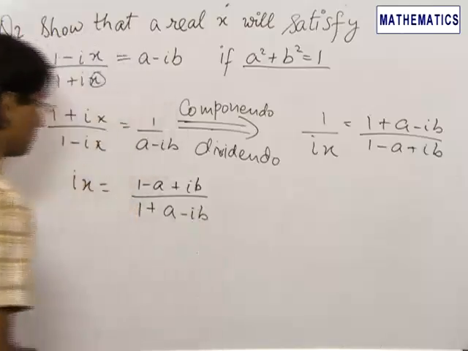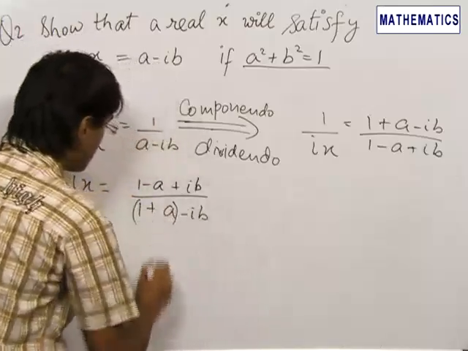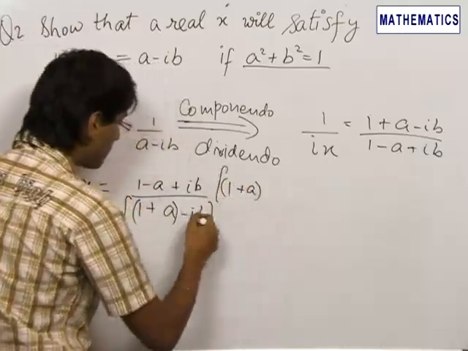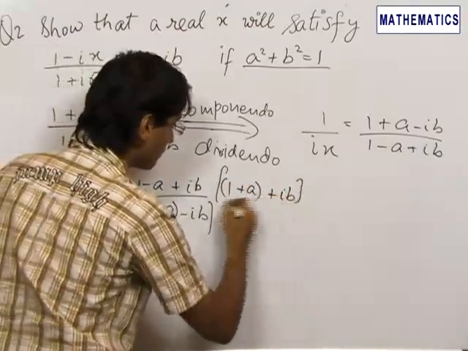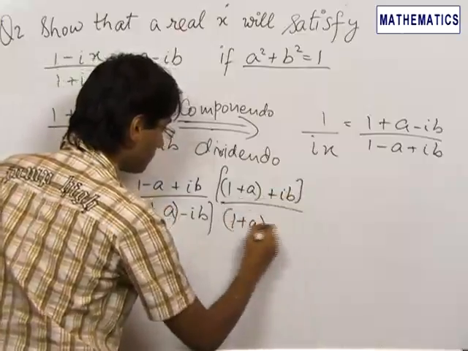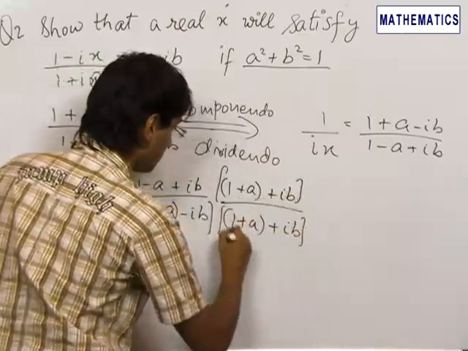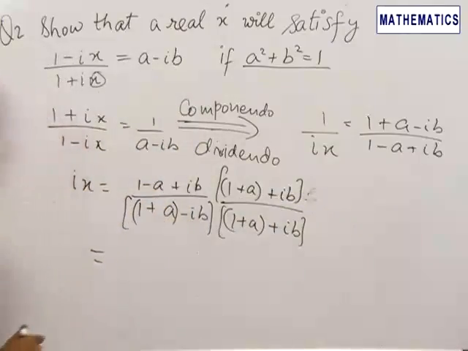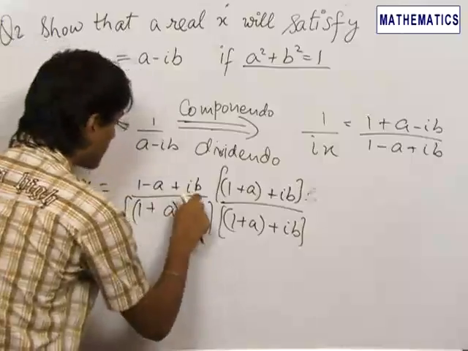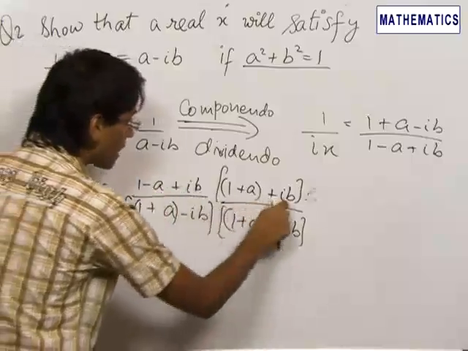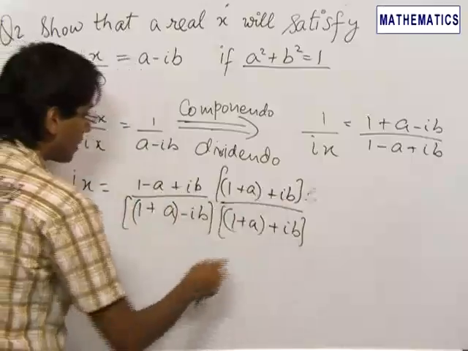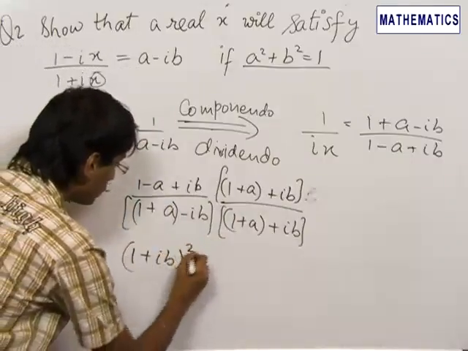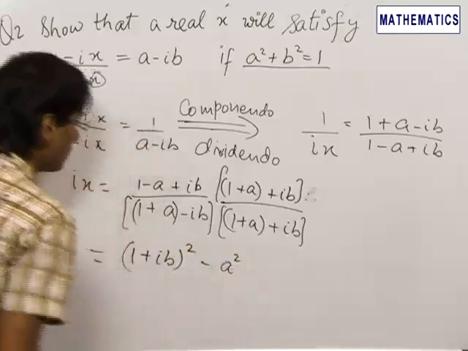On rationalizing the denominator, that is by multiplying both the numerator and denominator by 1 + a + ib, we'll get (1 + ib - a)(1 + ib + a). So this becomes a square minus b square, that is (1 + ib) whole square minus a square.